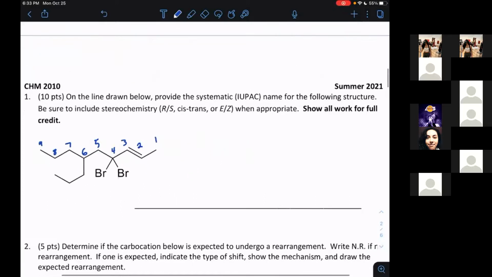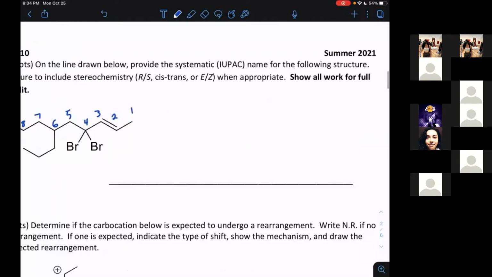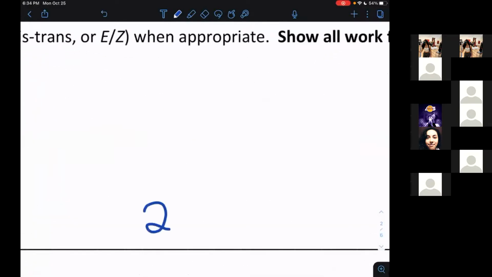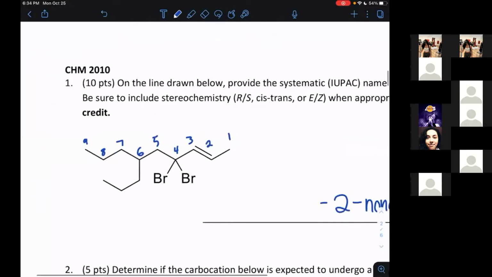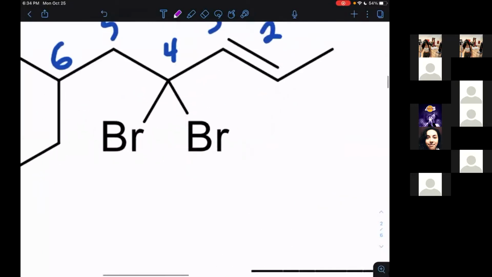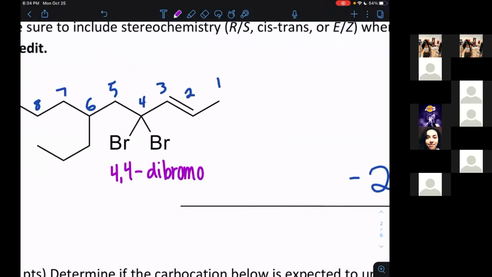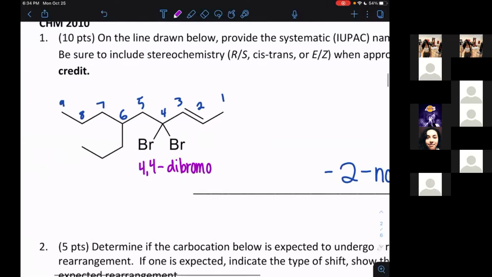Okay, so I'll just do it fast. So nonane, and then it's on the second carbon. So 2-nonene. And then we have 4-dibromo.